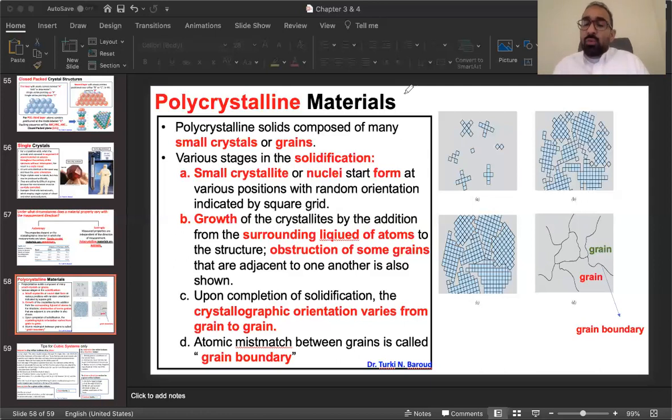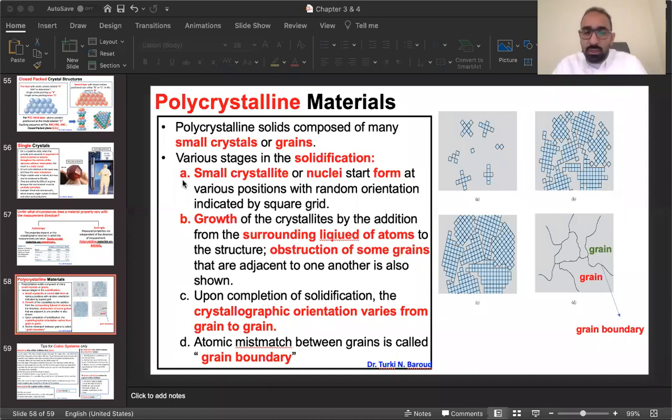We call this texture. So when a polycrystalline material has a texture, that means there is a certain preferred orientation where a certain property is happening. But in general, we can say that the property is being averaged out, okay? It's being averaged out.